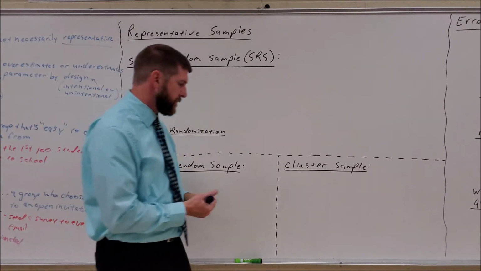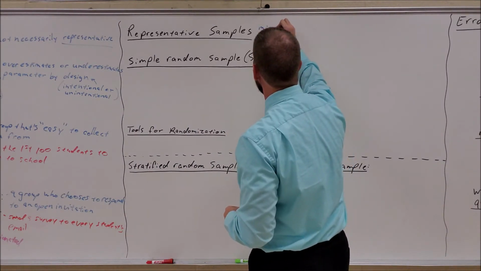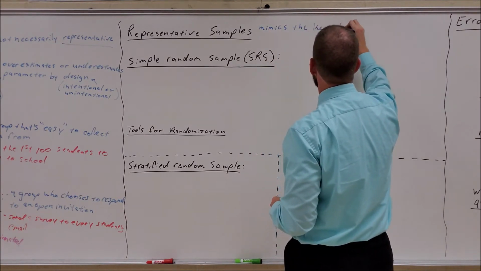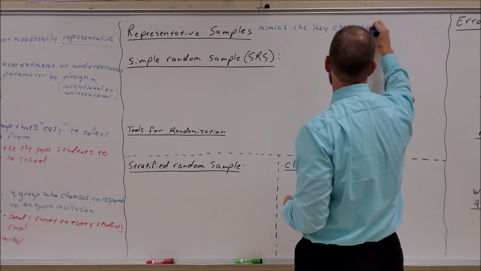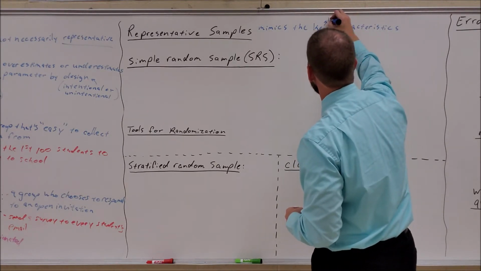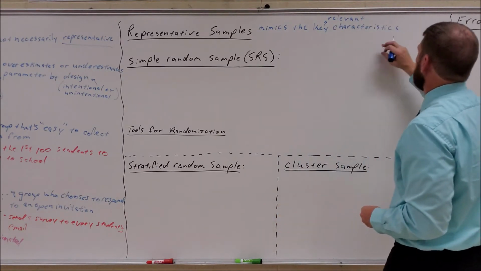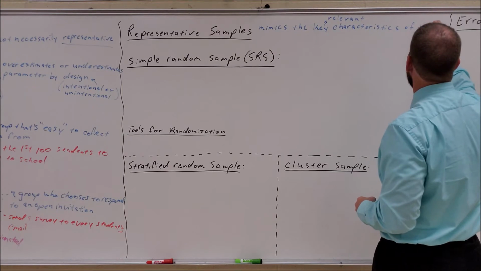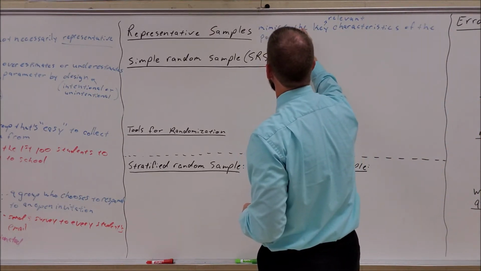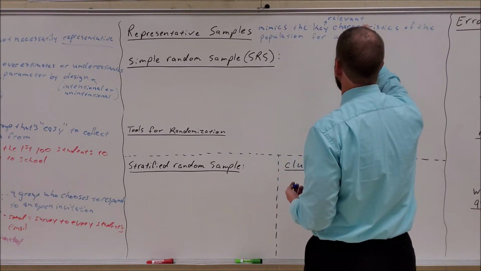So a representative sample is a sample that mimics the key characteristics, or instead of key, you could say the relevant characteristics, of the population for a certain question.